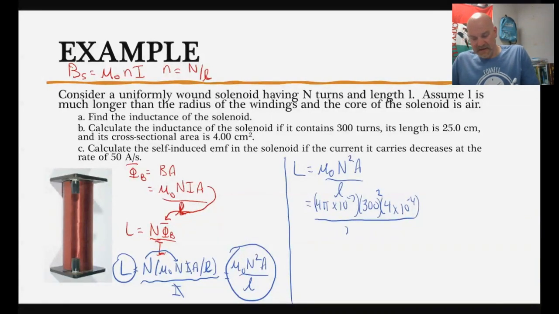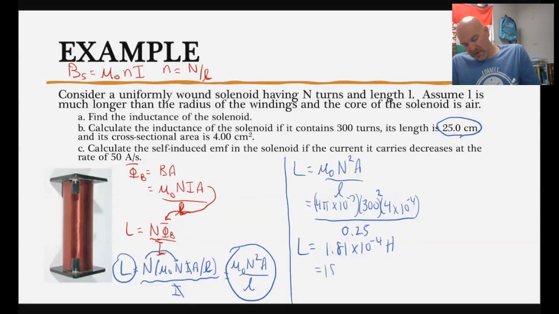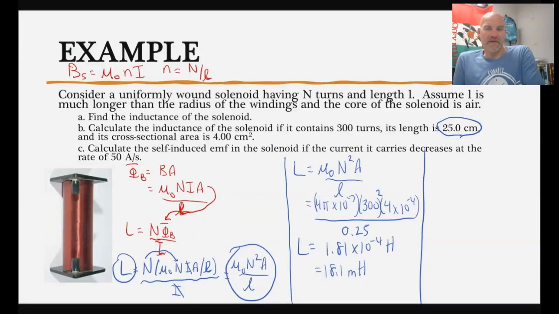Then we divide by the length of the solenoid, 25 centimeters, converted to meters, 0.25. And so we get an inductance of 1.81 times 10 to the negative 4th henries, or you can call it 18.1 microhenries. Sometimes they may tell you to report the answer in microhenries, but either one of those will be correct.